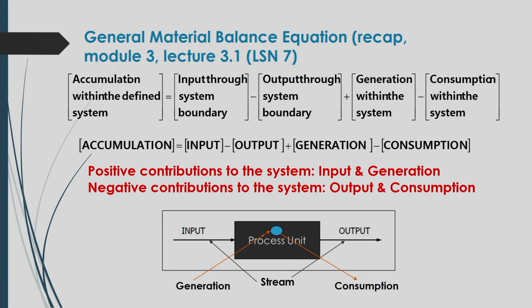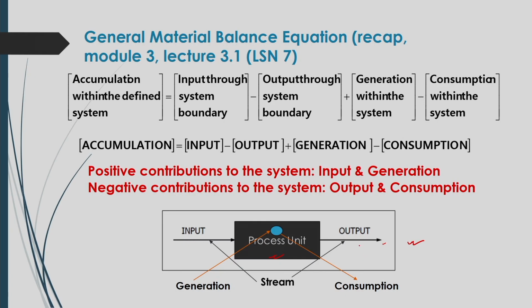The positive contributions to the system are input and generation, and the negative contributions are output and consumption. So here it is seen in the figure that if this is the process unit, input will be coming in and output will go out in this stream, and this input and output will be that stream.